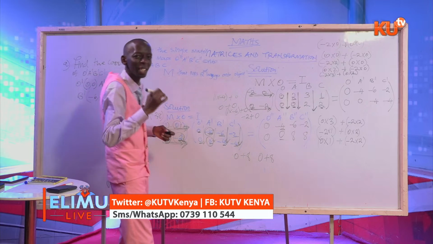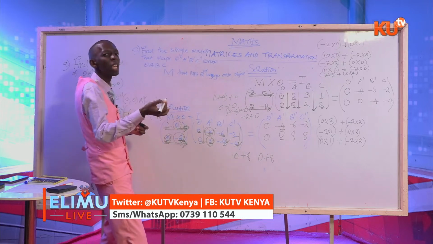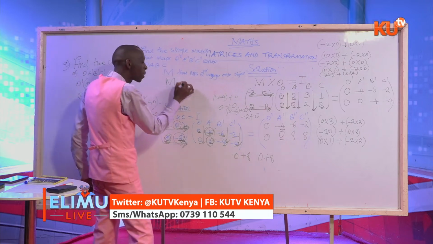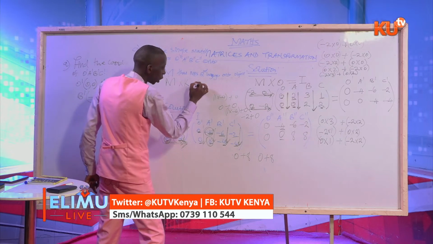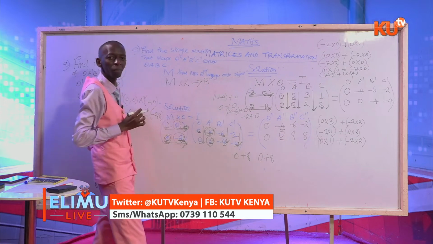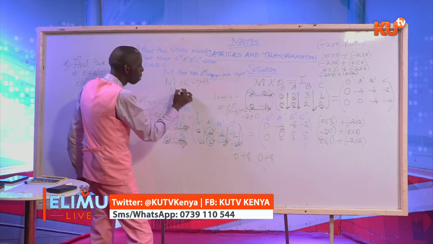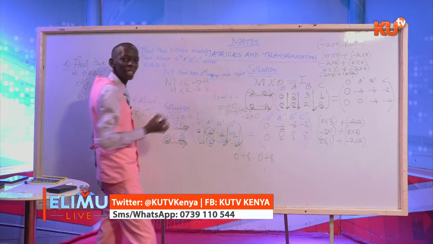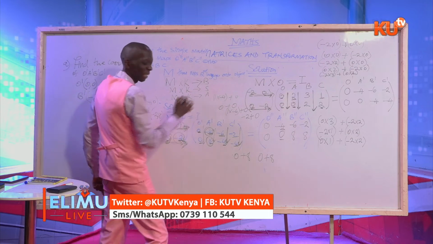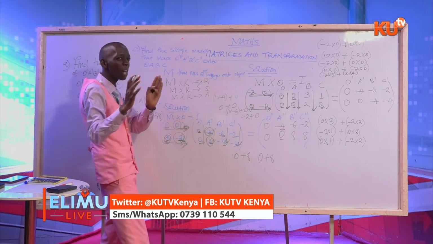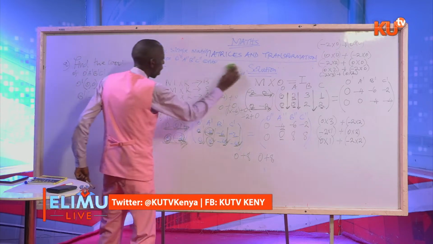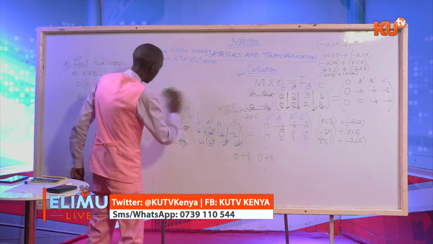A matrix that maps K onto B. A matrix maps K onto S. So this is how I want us to arrange these coordinates.